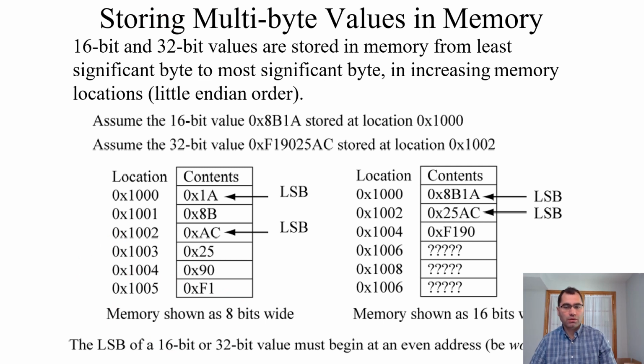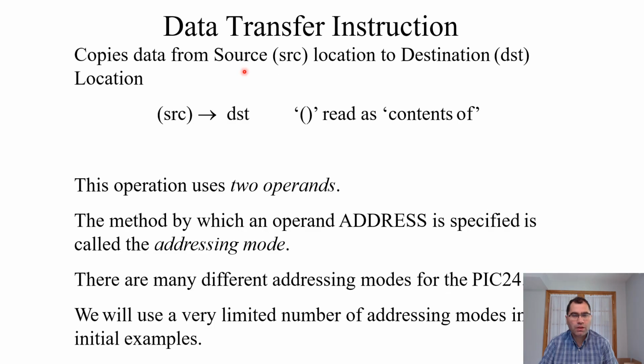That's all. Let's talk about the PIC24 instruction set. The first instruction we're going to talk about is the data transfer instruction. Basically, it copies data from the source location to the destination.